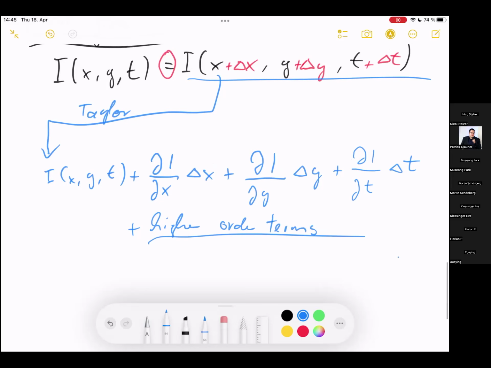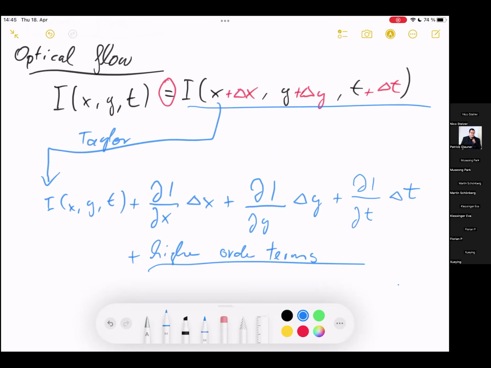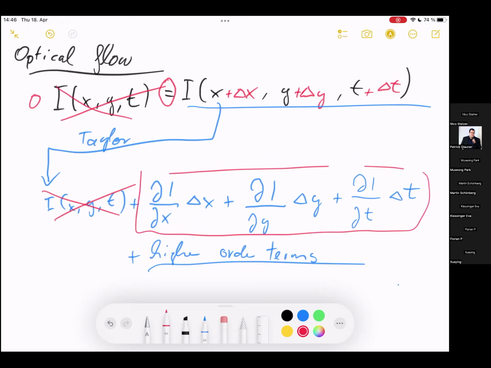Now that we have on the right this updated intensity where some time has passed and the pixel has moved along x and y, we can on both sides just eliminate the original intensity because we had this equation. So here we have a 0, because we ignore the higher order terms.